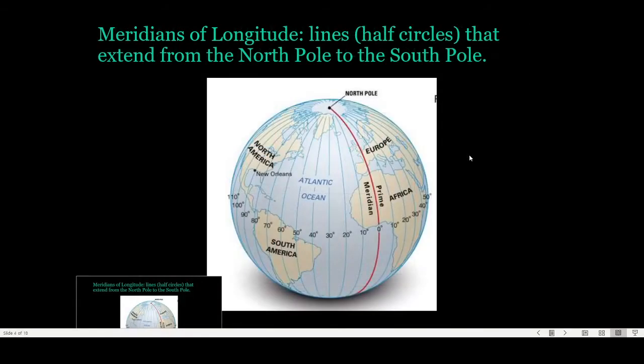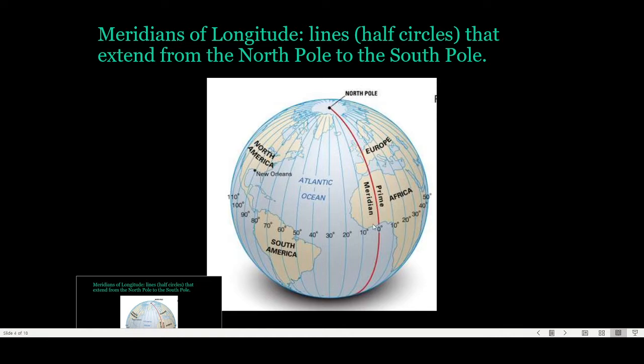So moving on to meridians of longitude, these are lines, half circles that extend from the North Pole to the South Pole. So the lines extend from a north to south direction, and the distance is measured in degrees, as you can see, but they are designated in a different format.